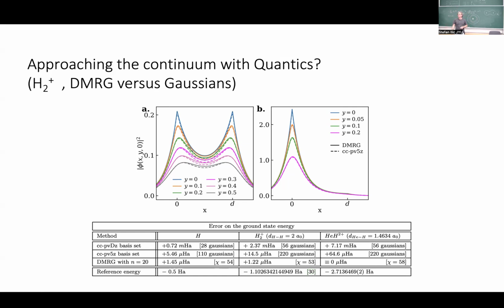Okay, but if you have two hydrogens, then they would not be orthogonal either. No, but you can still do that, and it's extremely bad. If you keep the same number of basis functions, you will get an error something like a factor of 1,000 bigger. So this has been optimized to the core.